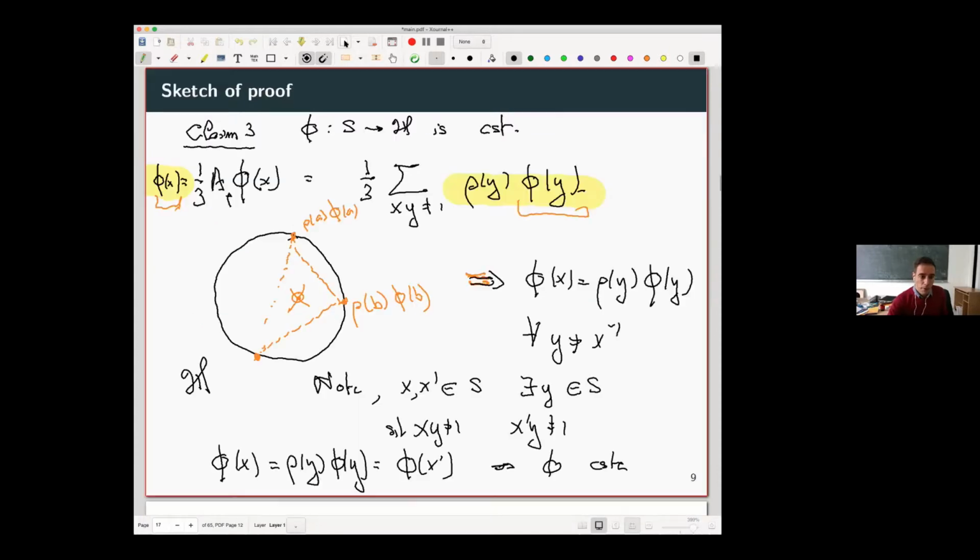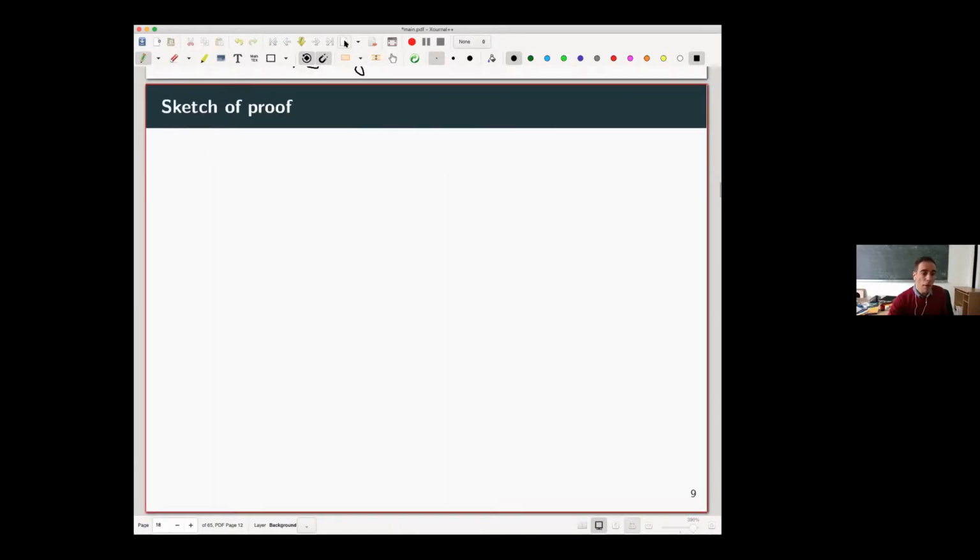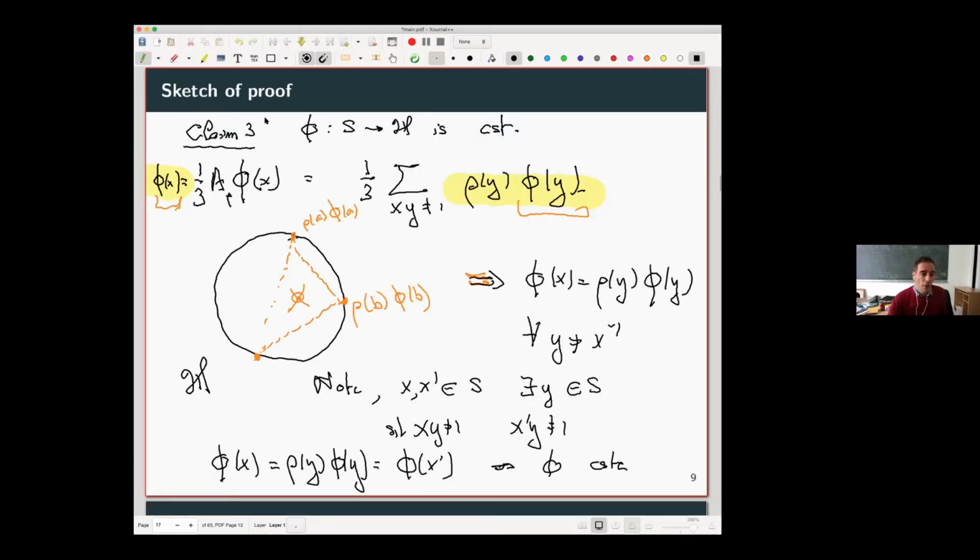Okay, so not only have we proved that this function is constant, but we proved that the value it takes is invariant under the representation. This is this identity here.